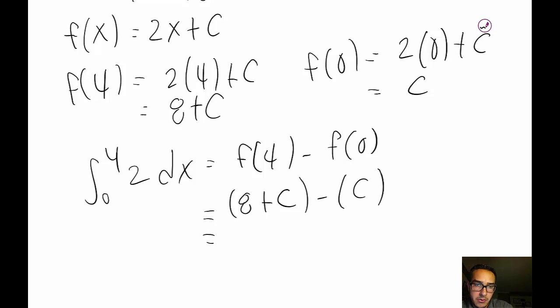And when we simplify, we end up getting 8. So the integral from 0 to 4 of 2 dx is equal to 8.